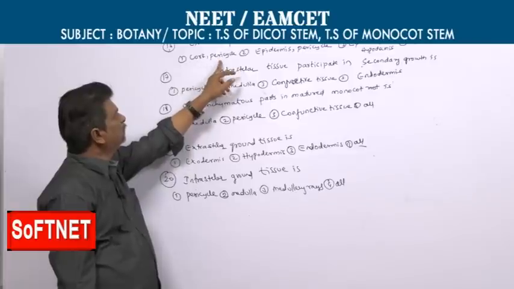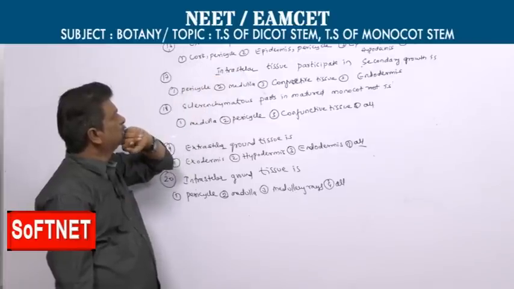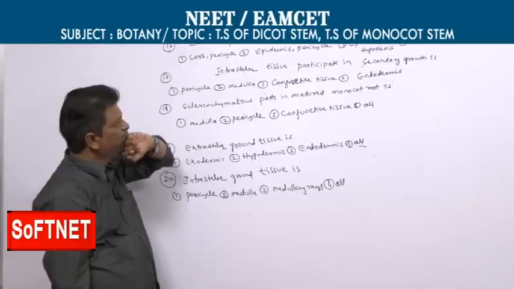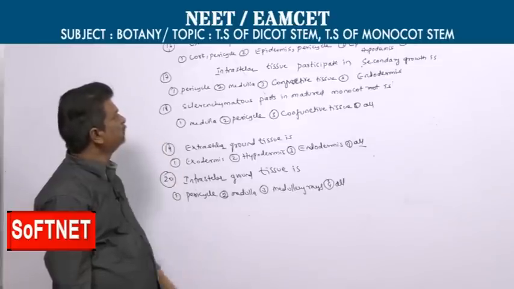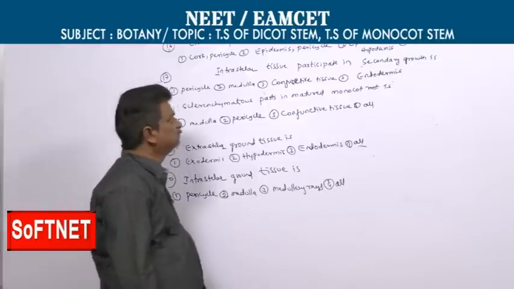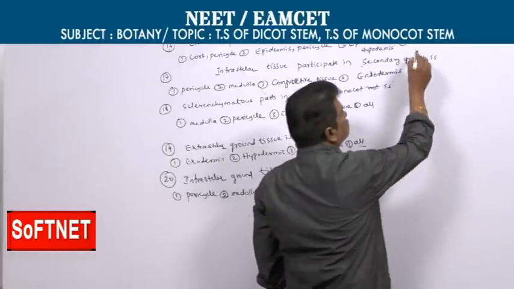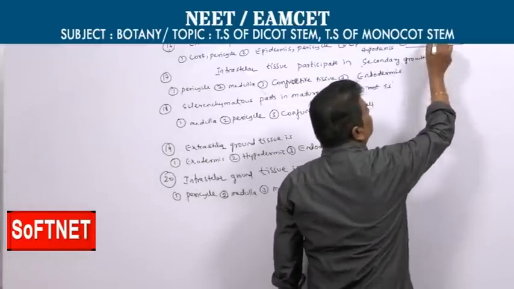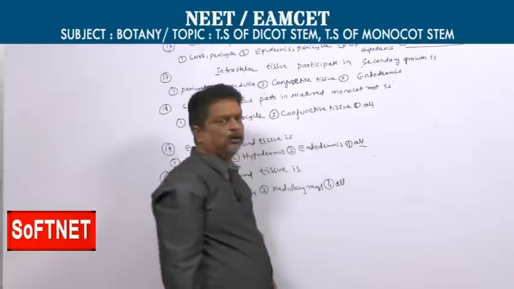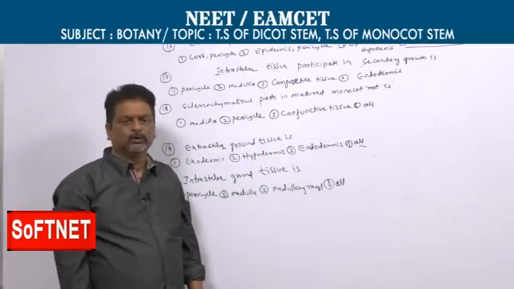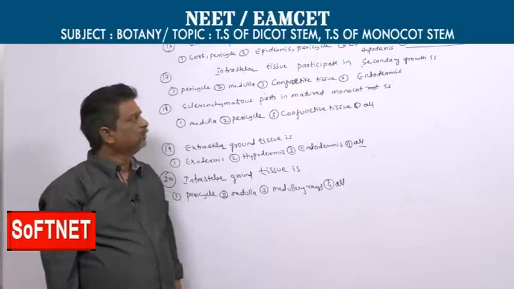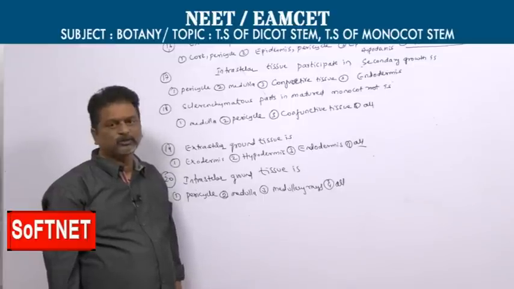External protective tissues in roots. Options: cork and pericycle, epidermis and pericycle, epidermis and hypodermis, epidermis and exodermis. So your answer is epidermis and exodermis. Young root: what does it contain? Epidermis as the protective layer.